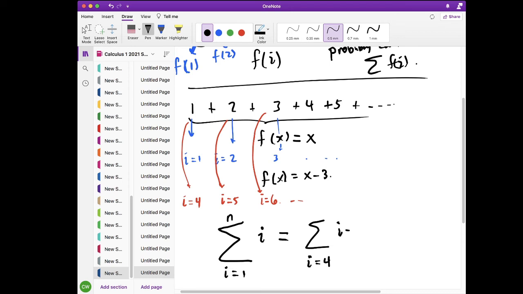What would the ending index be if you stopped at n here? Where would you need to stop? What would this I be?